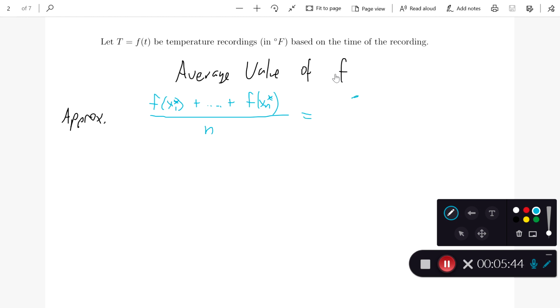Well, you can write this as the sum of f of x sub i over n.